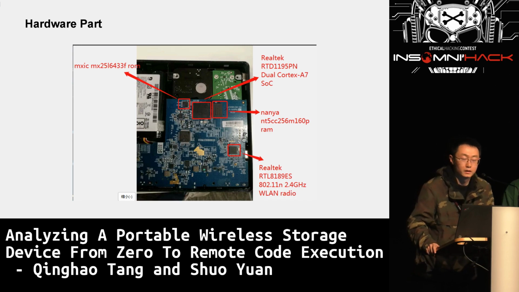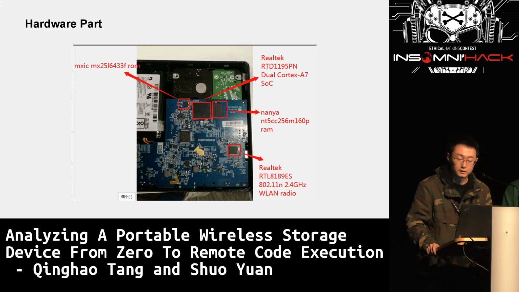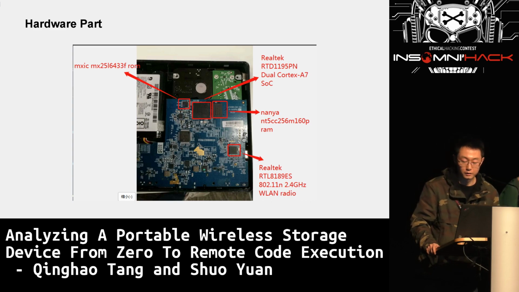When I opened the storage device, I found that it has a much more complex board than the traditional one. In the middle of the board is the CPU chip of the operating system, an A7 SoC. On the left of the board is a ROM chip, which can store the firmware.